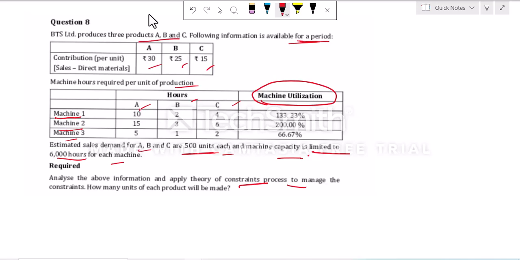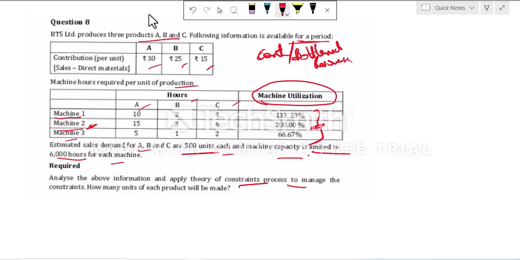So importance to contribution, highest contribution per bottleneck resource. We should produce that. But what is the bottleneck resource? Here they have given 3, but see, machine 2 is utilizing maximum 200%, means machine 2 is the bottleneck resource. We have to find out this.